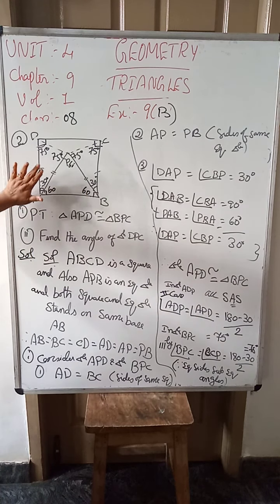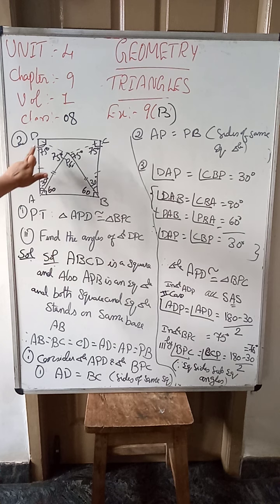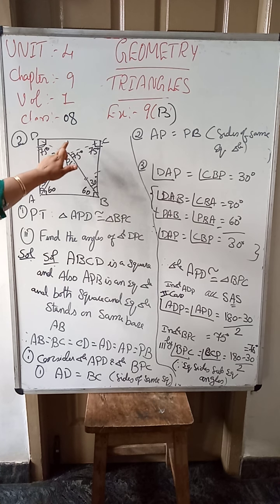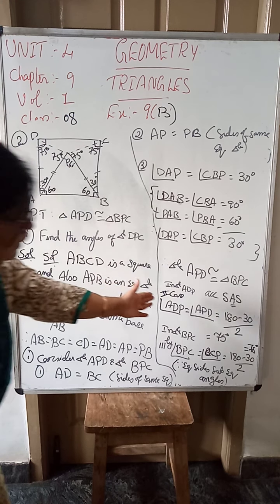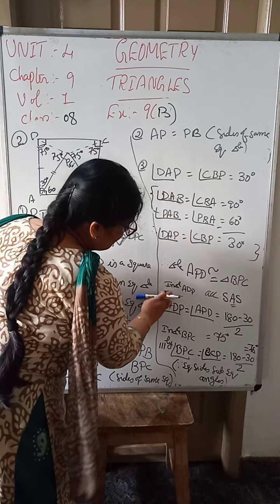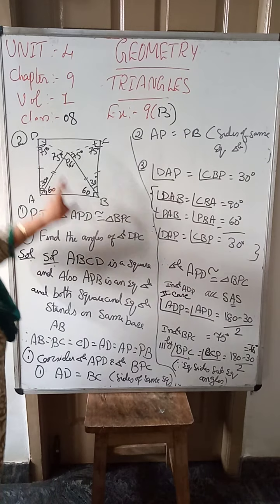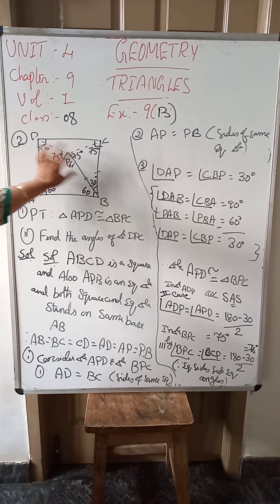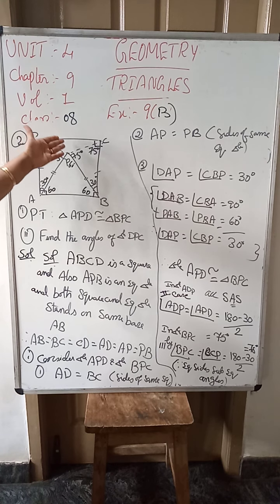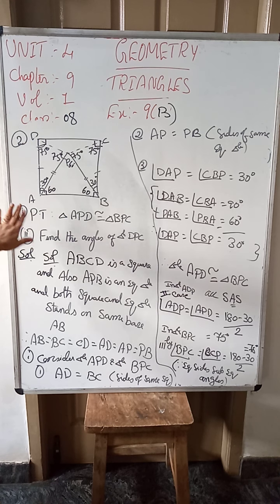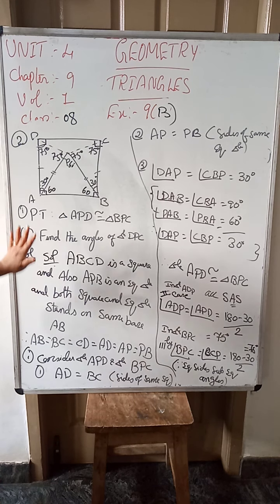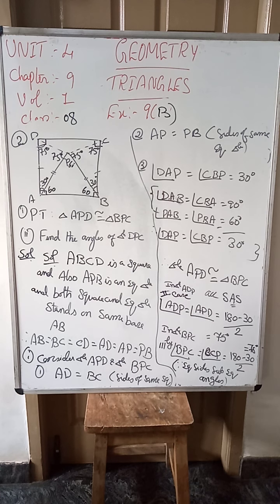Now children, I will rub out this part and I will give you the second question. I have supplemented more here. This is the second case. I have taken 75 degree and 75 degree. This will be helpful to find the angle. Please observe carefully.